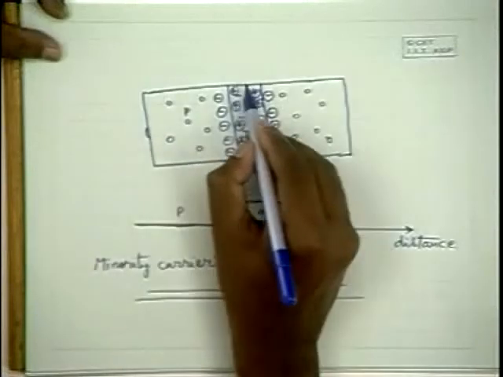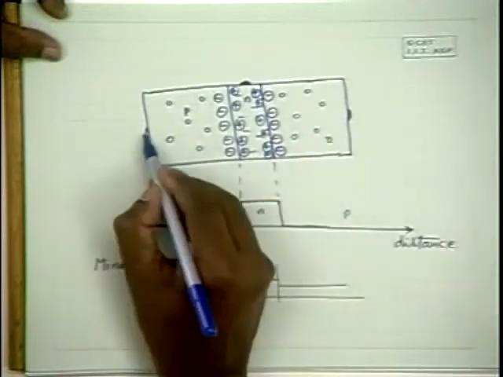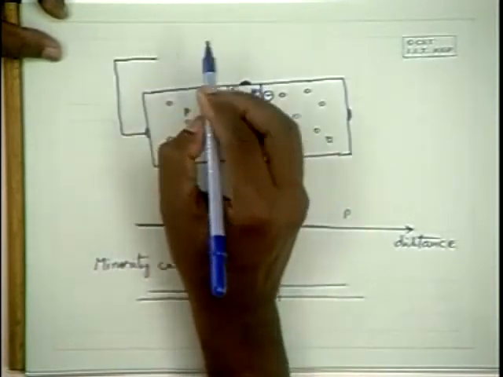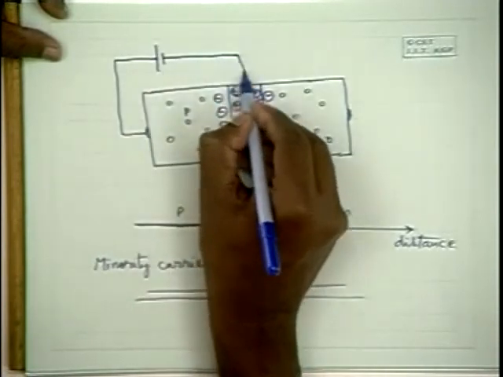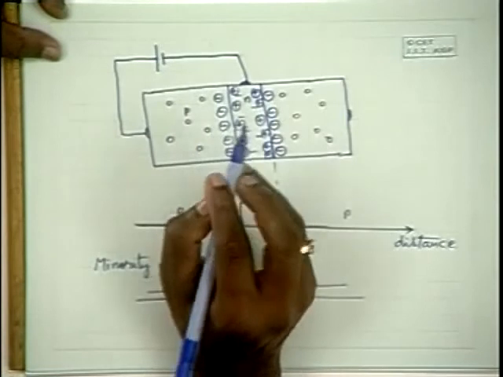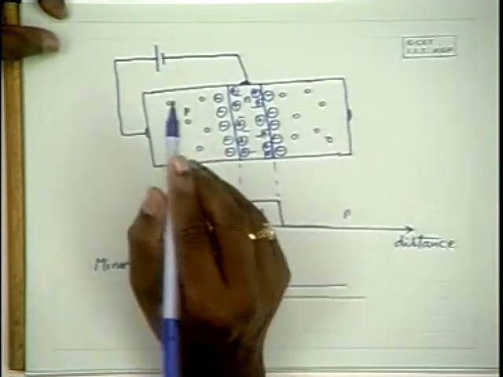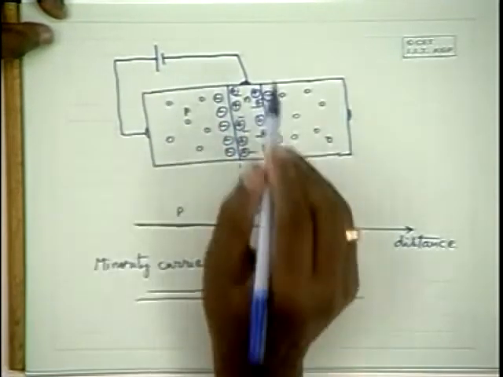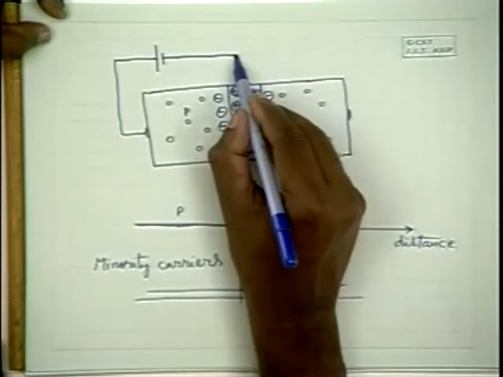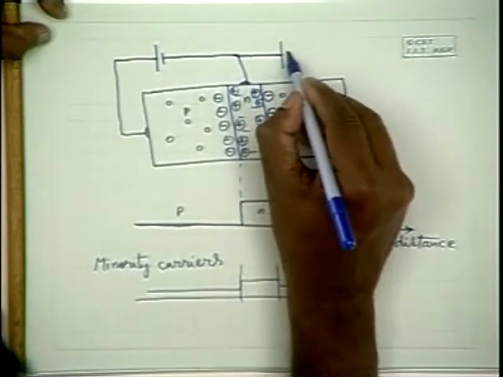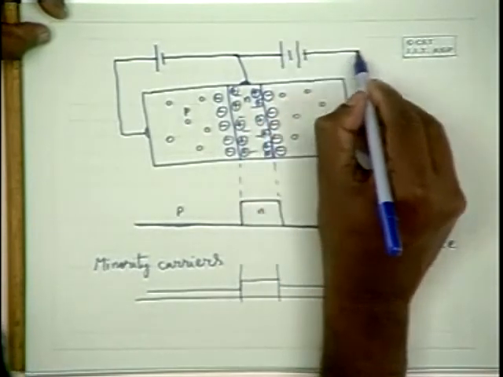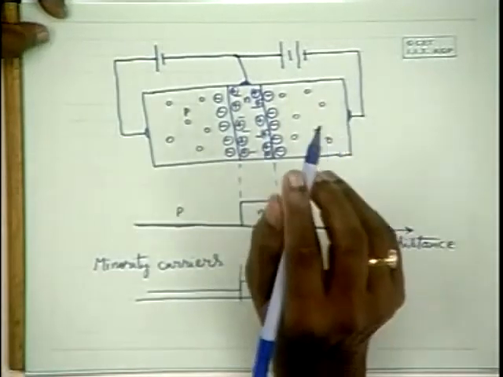Now, if we apply, let me use the same diagram, a small positive potential to the emitter base junction, that means in the PN junction convention, if we forward bias the emitter to base junction and reverse bias the base to collector junction, what happens?